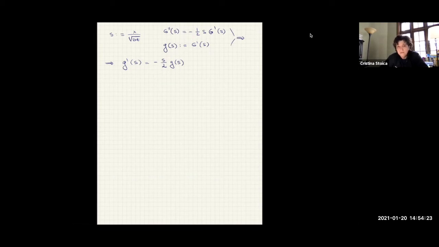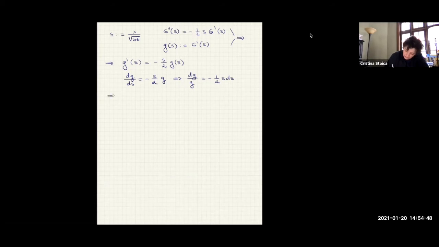And this is a separable ODE. This is nothing else but dG/ds equals minus s over 2 G, which is dG over G is minus a half s ds.